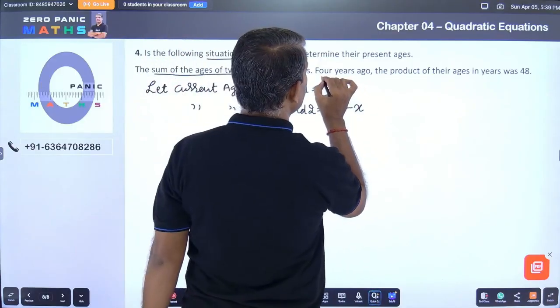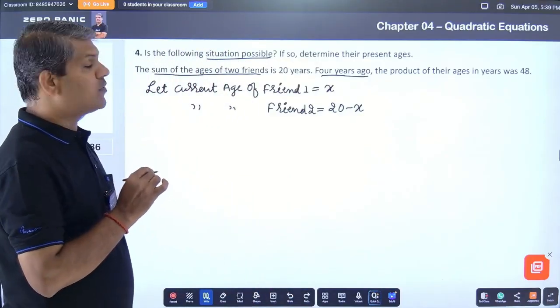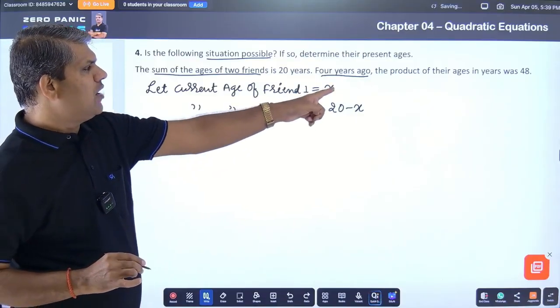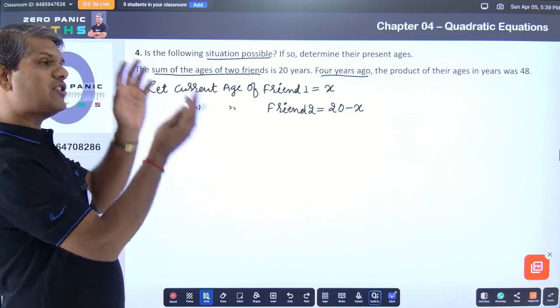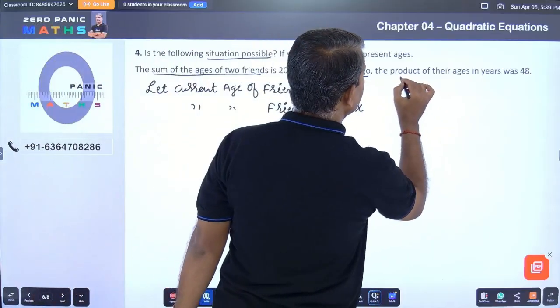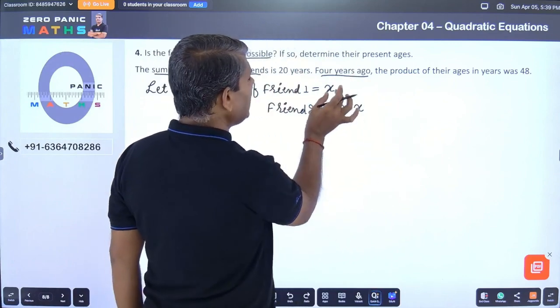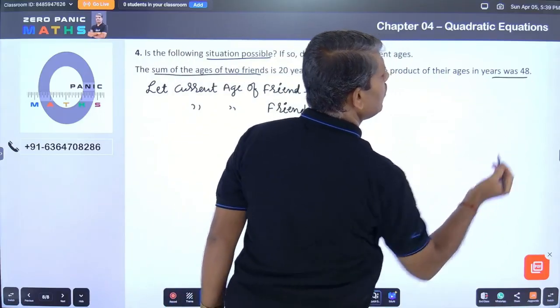Other information is 4 years ago. You know such kind of problems: when it is said 4 years ago, then you have to subtract 4 from both the ages. The product of their ages after subtracting 4 will be equal to 48.